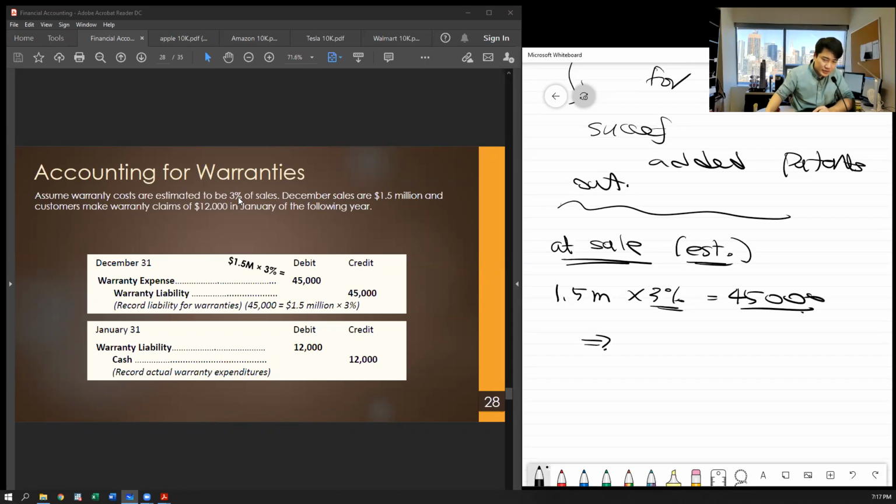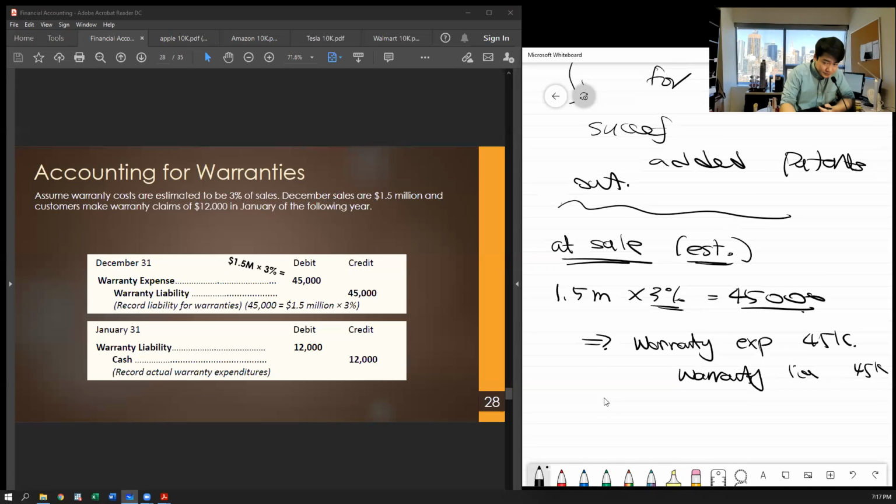For the journal entry, you're going to report the warranty expense of $45,000, and you're going to report a liability, liability 45K. Now, warranty is a liability, right? The company has an obligation to provide a warranty for customers that claim the warranty, right?